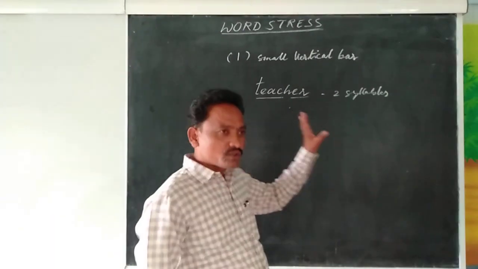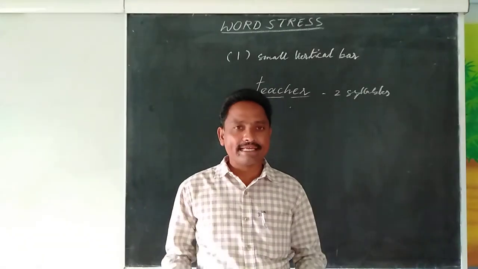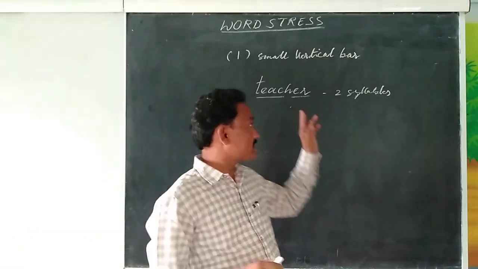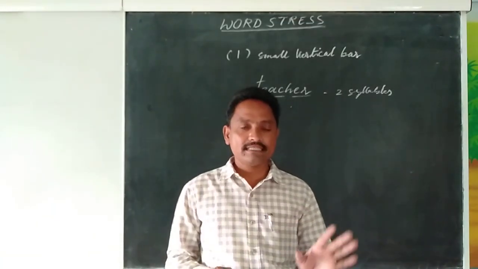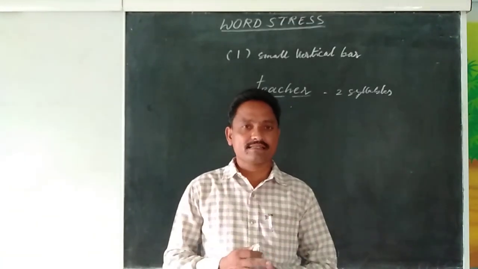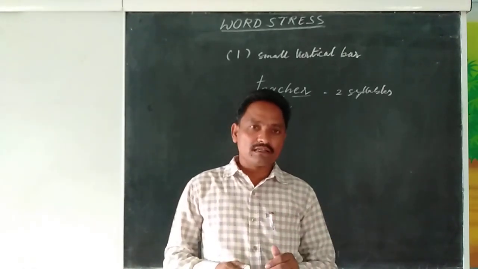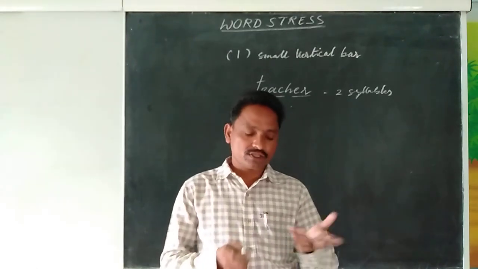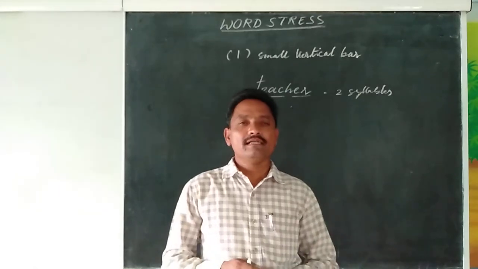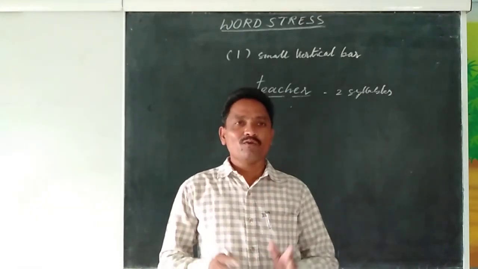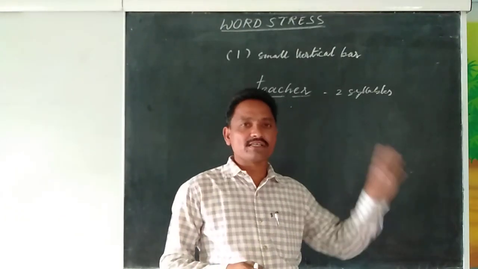In these two syllables, both syllables are not pronounced alike. The first syllable and second syllable are not pronounced alike. Here the rule is about stress. If more than one syllable is there in a word, that means 2, 3, 4 or 5, among these syllables, one syllable is more prominent than the rest.